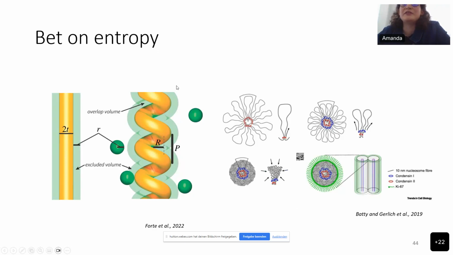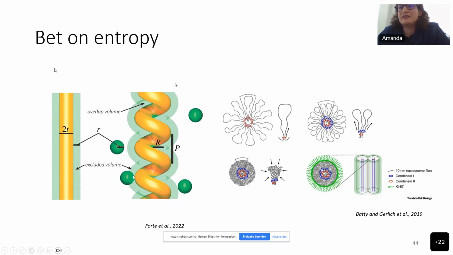Well, after the nucleus membrane is broken, it's already proposed that these kinds of ropes would coil in the presence of a different solvent that causes these excluded volumes to come together.